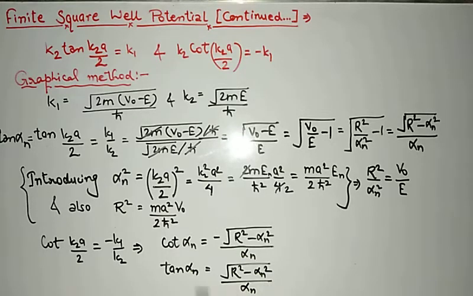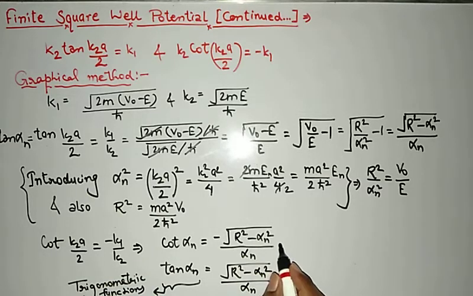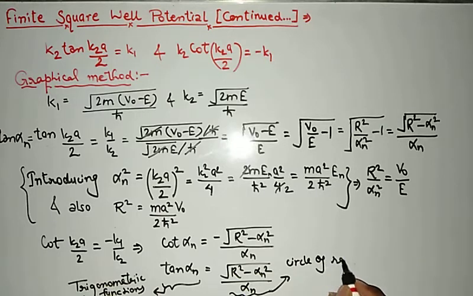Now look, on the LHS we have trigonometric functions, and on the RHS we have a circle of radius r.